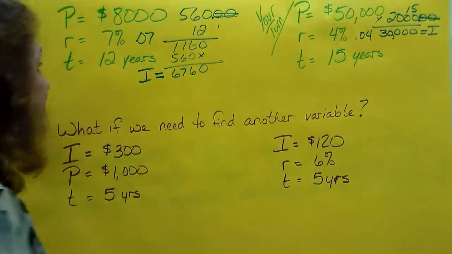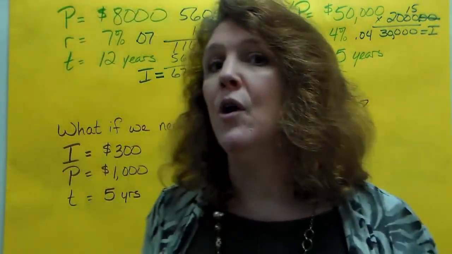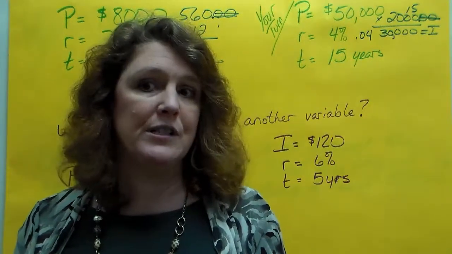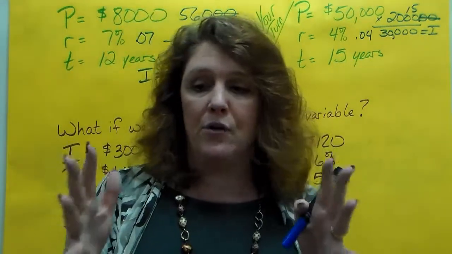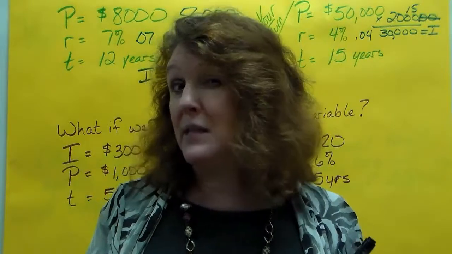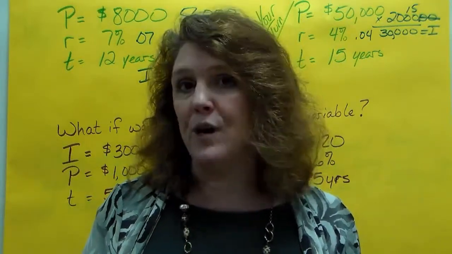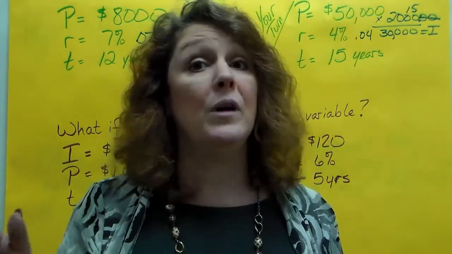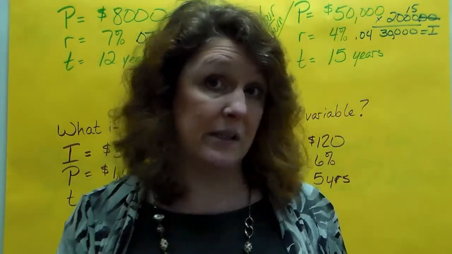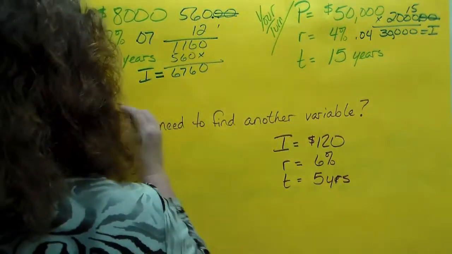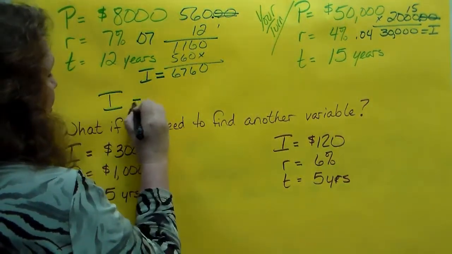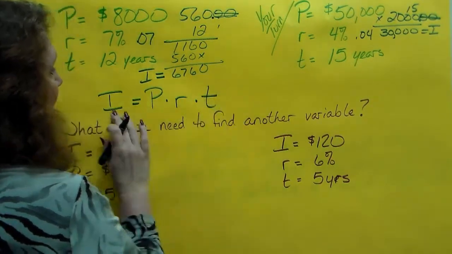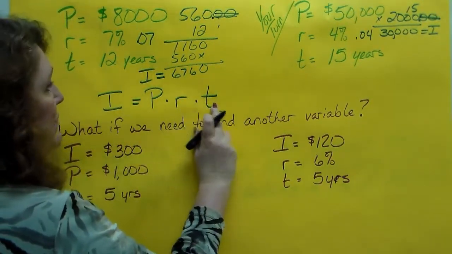So then the question becomes, what if it's not the interest that you're looking for? What if you know how much interest? What if you know that I want to borrow this and I know that I can pay back this much? What interest rate am I looking for? Or how long can I borrow that money for? What if one of the other variables is missing? So here we're going to go back to our original equation. I equals principal times rate times time.